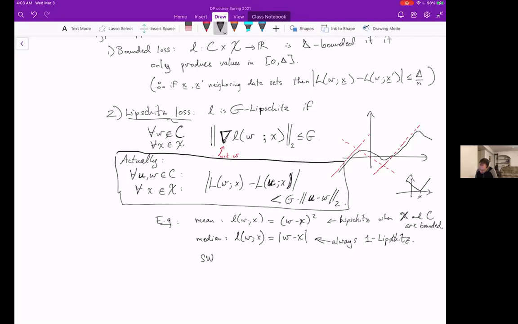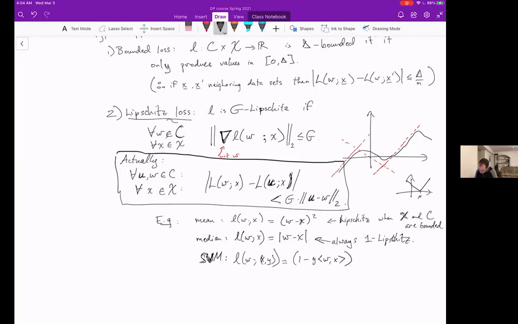Take another example, the SVM. Here we're now in higher dimensions, so w is a vector and x is a vector. Remember the loss function there was 1 minus y times the inner product of w and x.